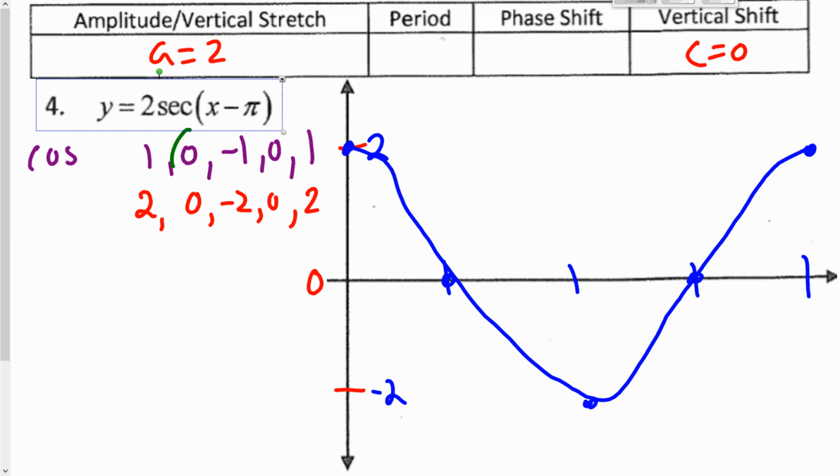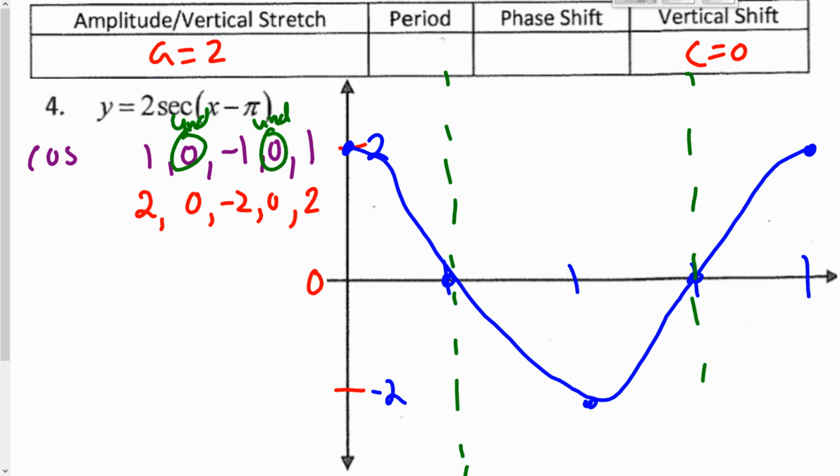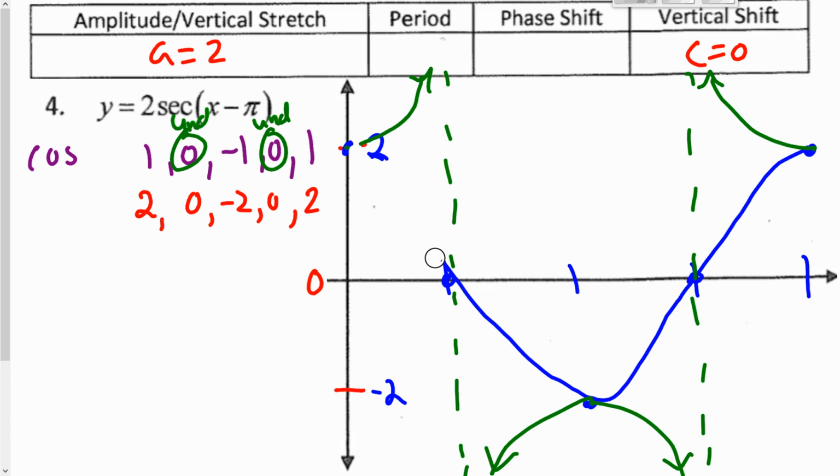Now our original zeros become undefined. So this becomes undefined. This becomes undefined. You can go ahead and switch your valleys to hills. Or sorry, hill to valley, I guess. And a valley to a hill, and a hill to a valley. Erase these other ones.